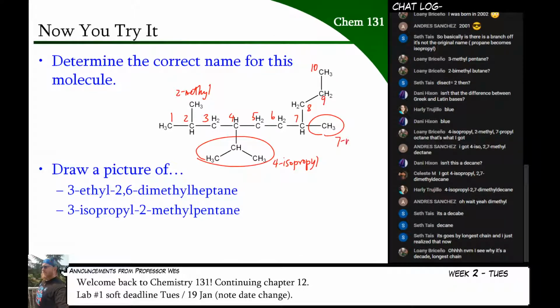And then 7-methyl. And that looks like that's it. So let's arrange them alphabetically. So this would be 4-isopropyl, 2,7-dimethyl, decane.